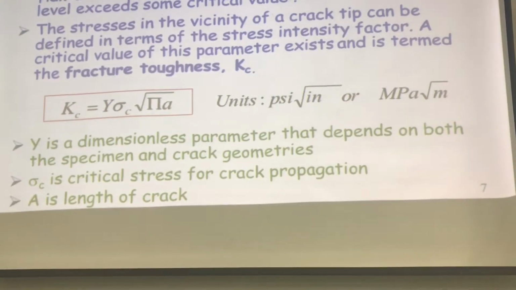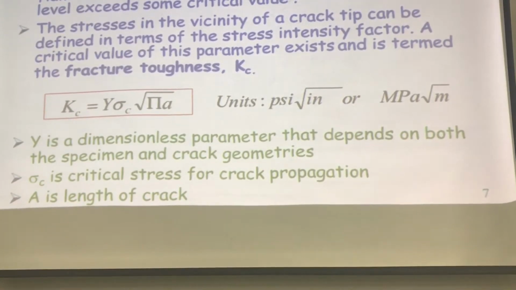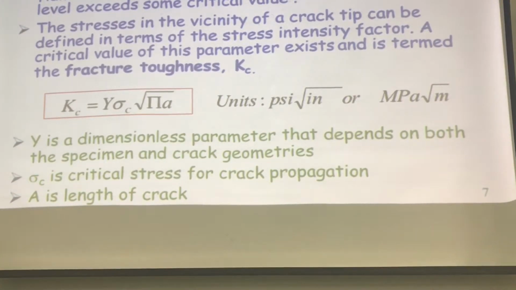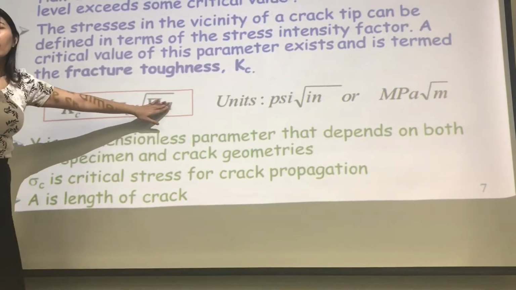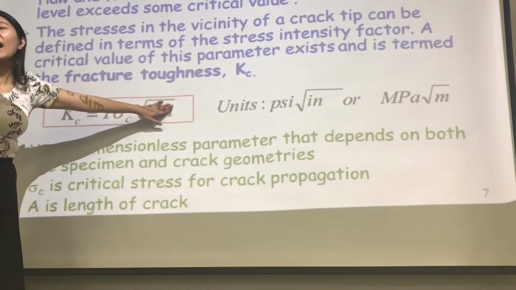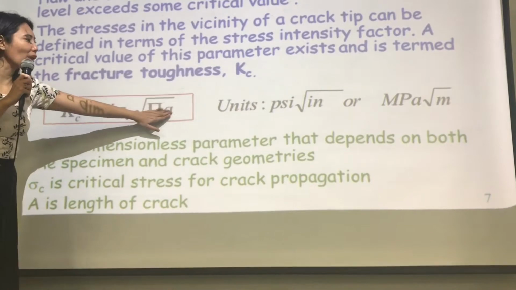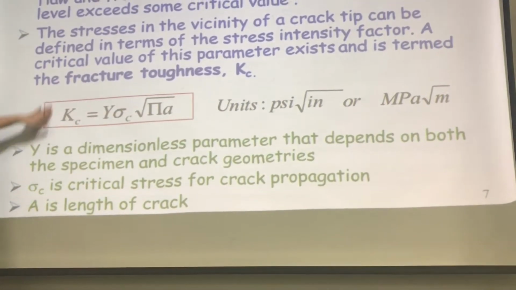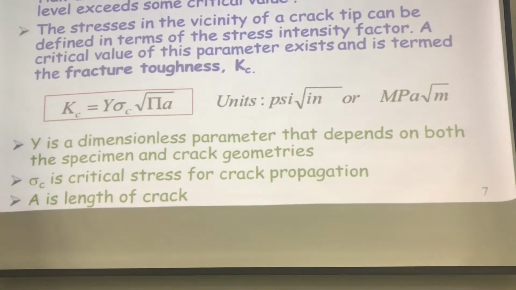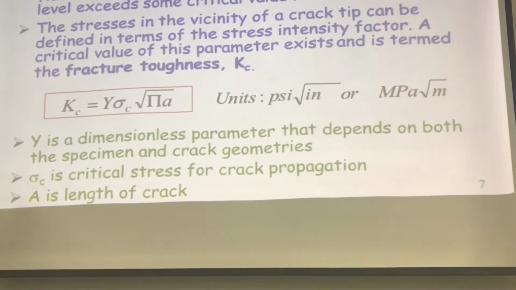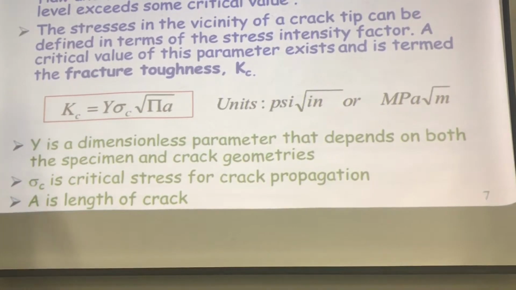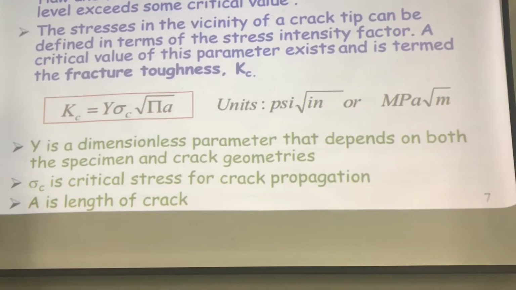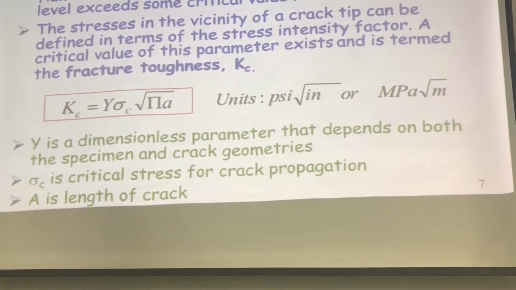So, one more time: the relationship among the crack length, the size of the crack, the stress, and a property of the material. Different materials have different values of this property. This property is sometimes called fracture toughness.